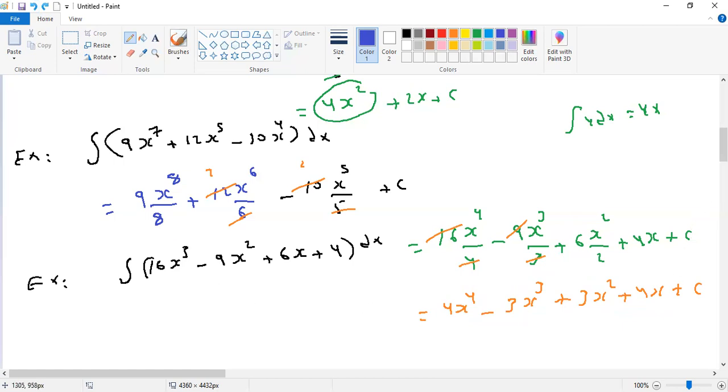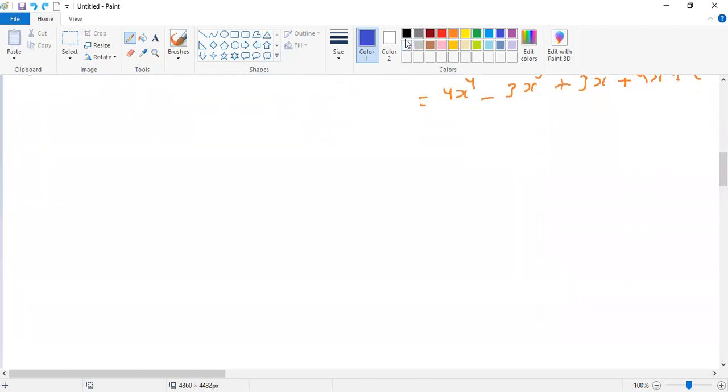Now, if we have this example, if I have 2x multiplied by 3x squared plus 4x plus 2 dx, what we have to do, see the solution.